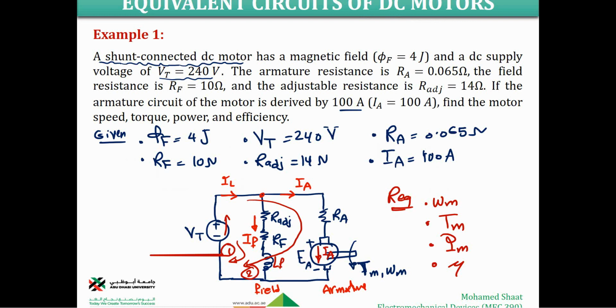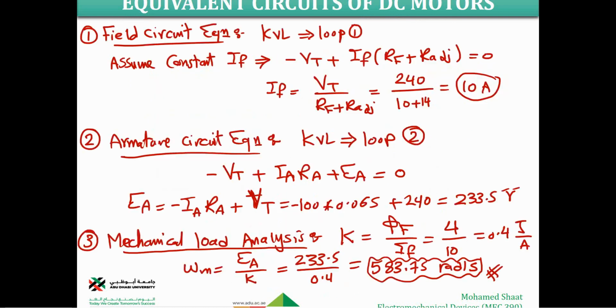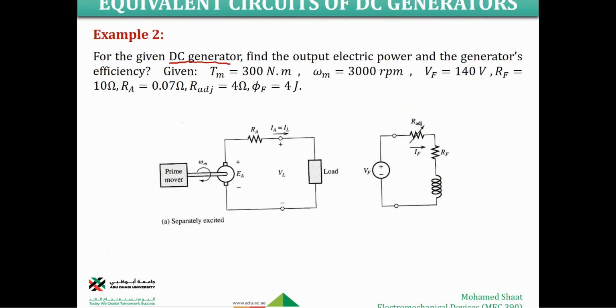So we're going to do the opposite. Instead of giving you VT or IA, the input data, instead of being in the form of electrical energy, you will be given the data in terms of the mechanical energy, or the mechanical components of the generator. So let us consider this example on the DC generator, for a separately excited generator in this configuration. This is what we're going to discuss.